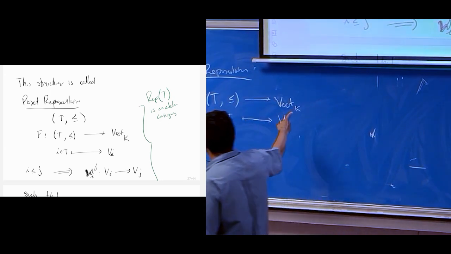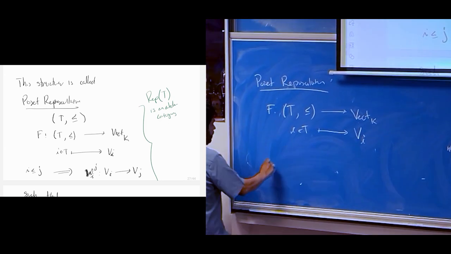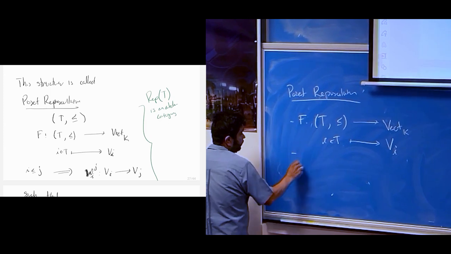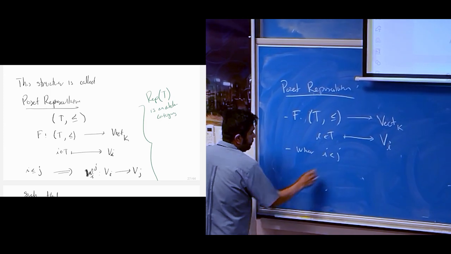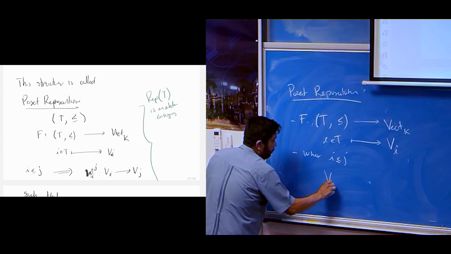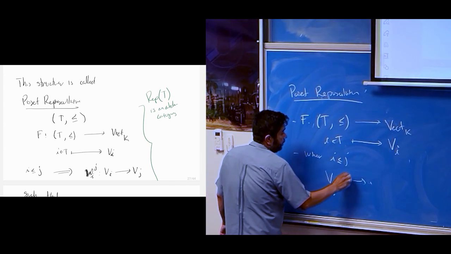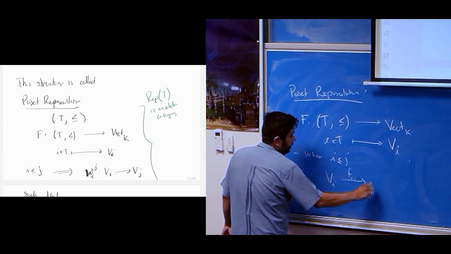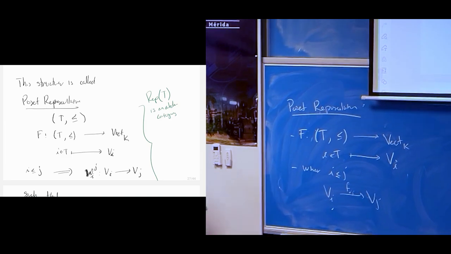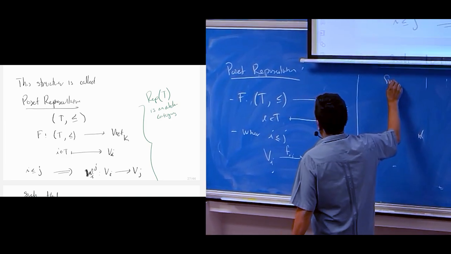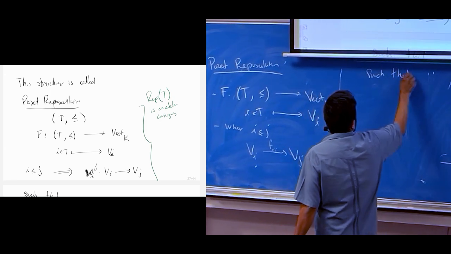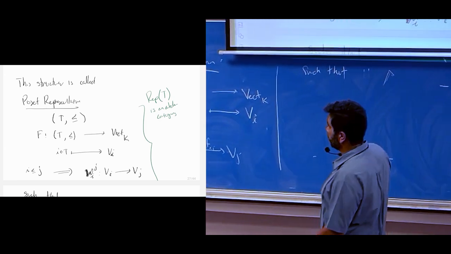And also in the poset, when I is lower or equal than J, you have maps F_ij from V_i to V_j, such that we satisfy a condition of commutativity.